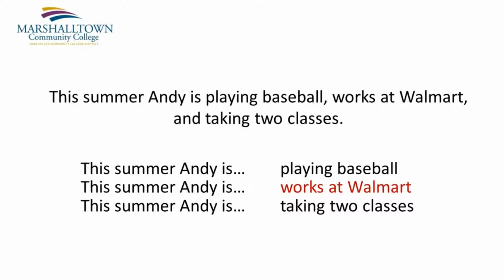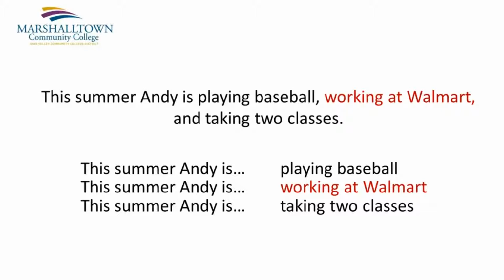We can easily correct this parallelism error simply by adding a gerund, like this. This summer Andy is working at Walmart. Now let's put the sentence back together. This summer Andy is playing baseball, working at Walmart, and taking 2 classes.